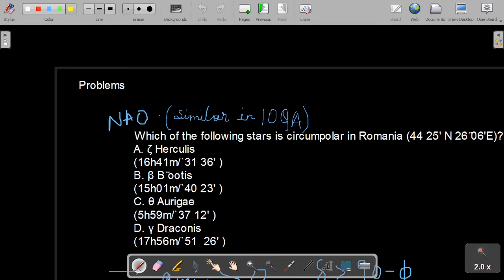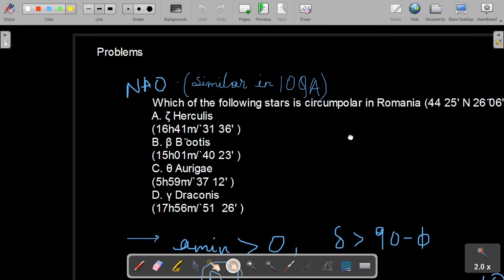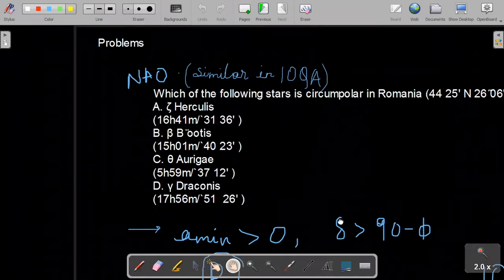Which meant that you need to have the declination greater than 90 minus phi. So now you can calculate the declination of the stars as they are given. Calculate the 90 minus phi. We know the latitude. It's around 44 degrees 25 minutes. So you can obviously see that D is the correct option to go with.